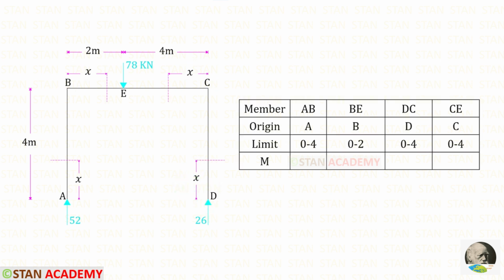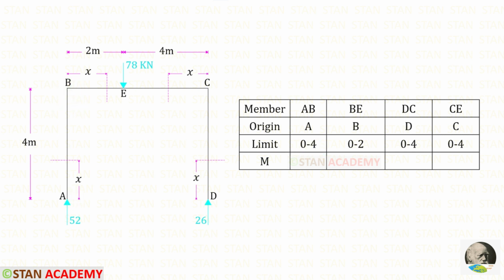Now let us make a table. In the table, first let us enter the members. There are 4 members: AB, BE, DC, and CE. For the section in AB, the origin is A. For the section in BE, the origin is B. For the section in DC, the origin is D. And for the section in CE, the origin is C. The limit for AB is 0 to 4.